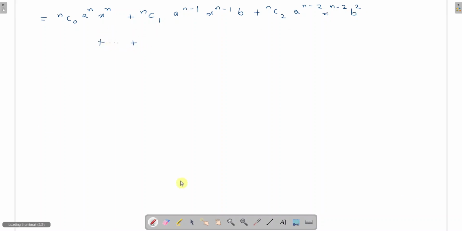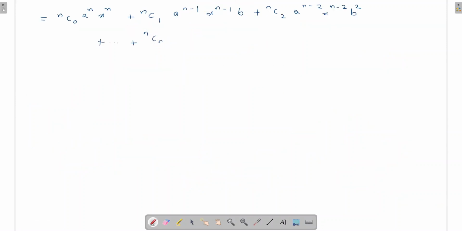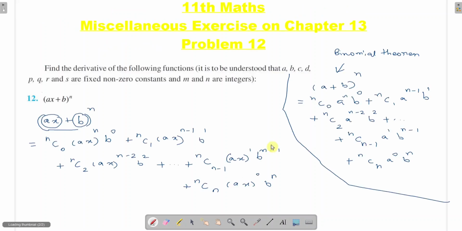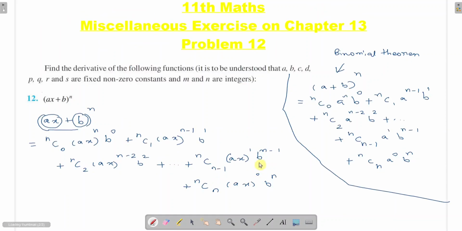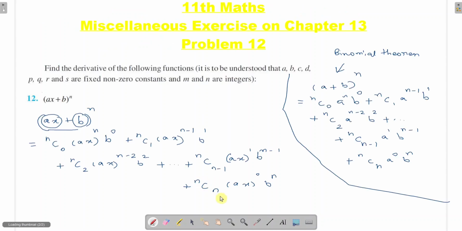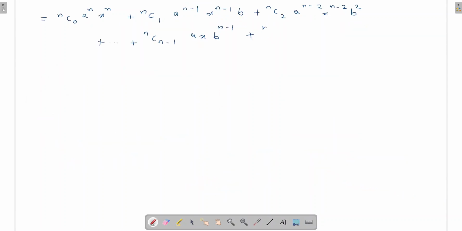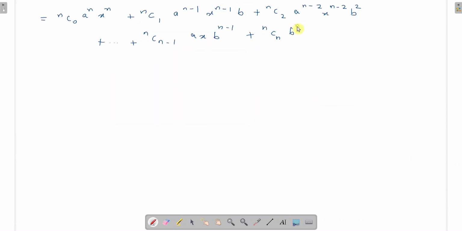Then the second last term will be nC(n minus 1) a raised to 1 x raised to 1, that is ax, multiplied by b raised to n minus 1, plus nCn, (ax) raised to 0 will be 1 and this is b raised to n. So b raised to n.